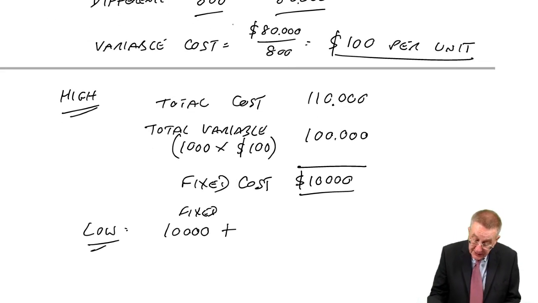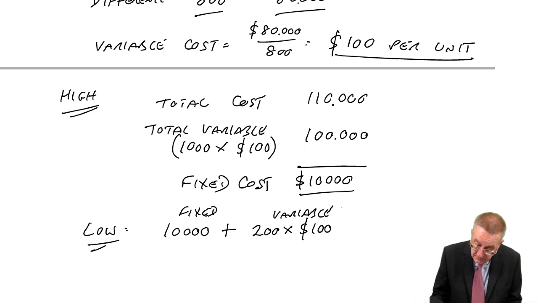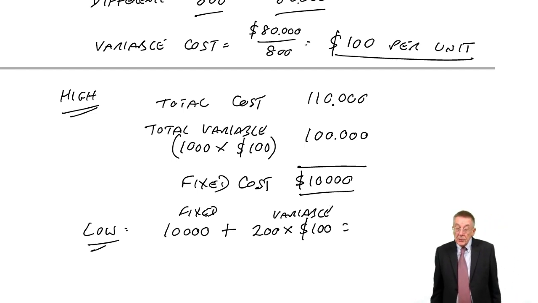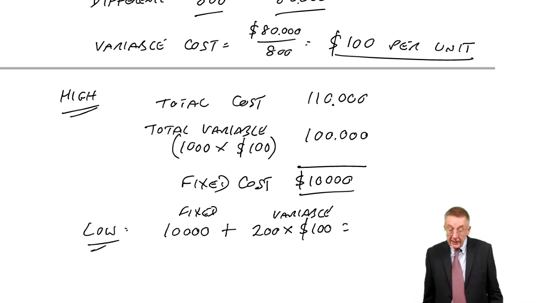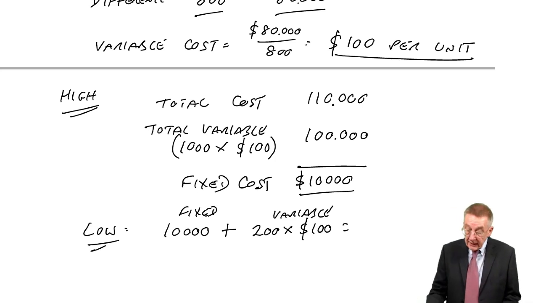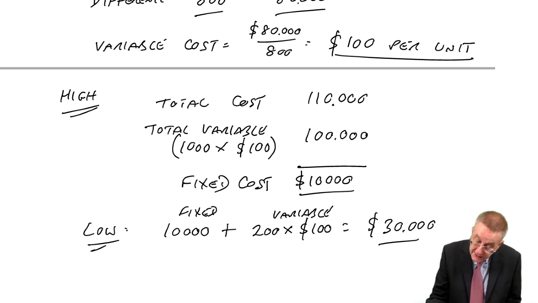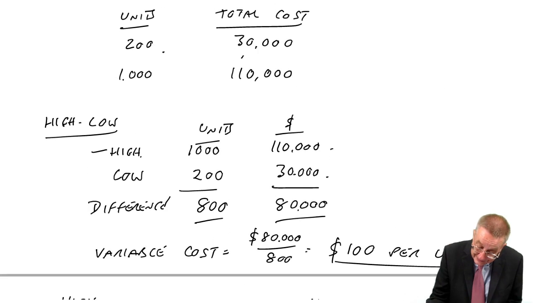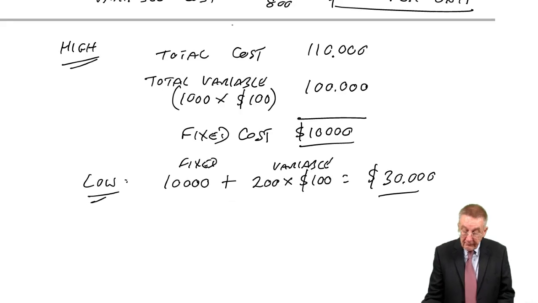It's 200 units, variable 100 a unit. And what does that come to? 200 times 100 is 20,000, plus the fixed of 10,000. It comes to 30,000, which is, I hope, yes, what we had.